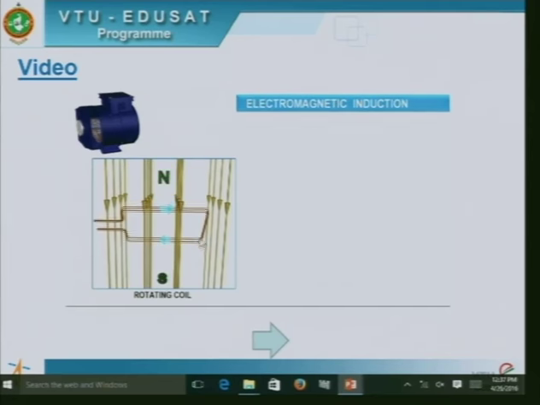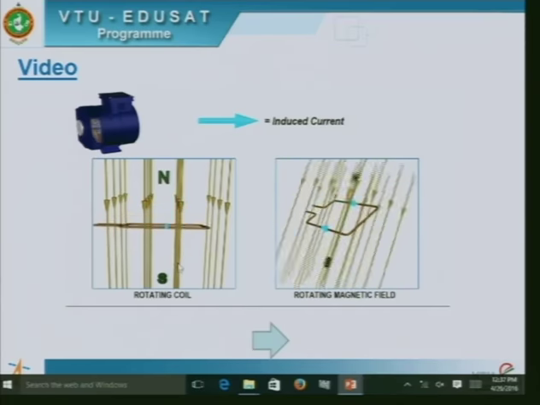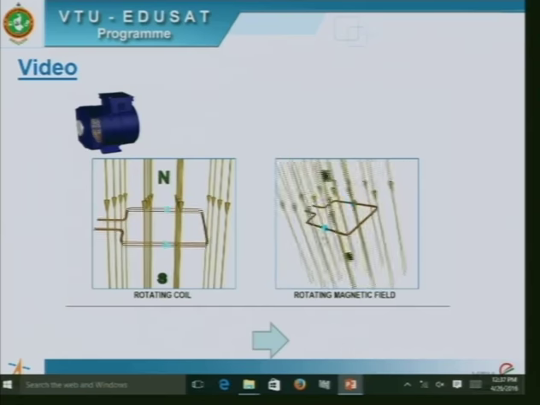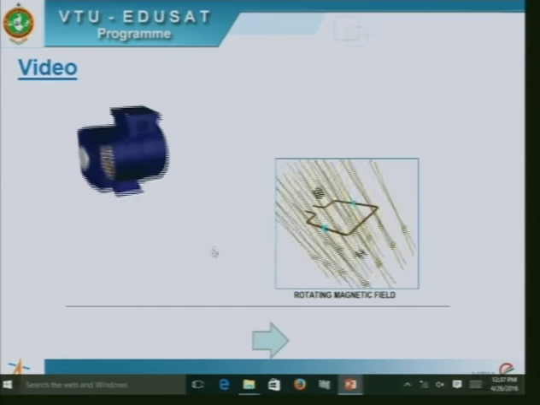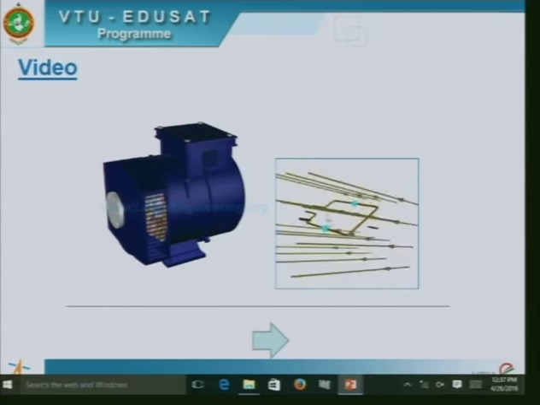According to this principle, the coil has to rotate in the magnetic field, or if the coil is stationary, the magnetic field has to be rotated. So, first is rotating coil and second case rotating field.